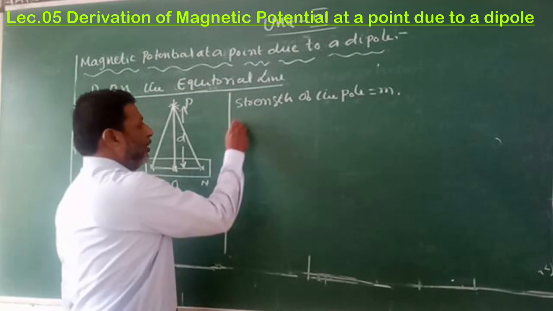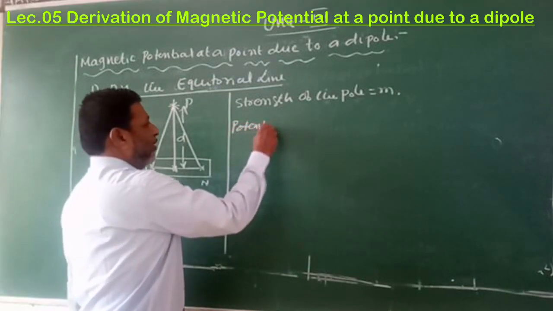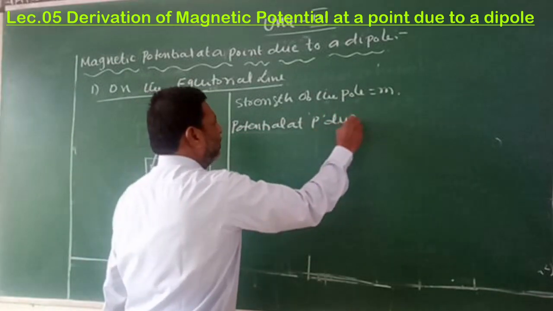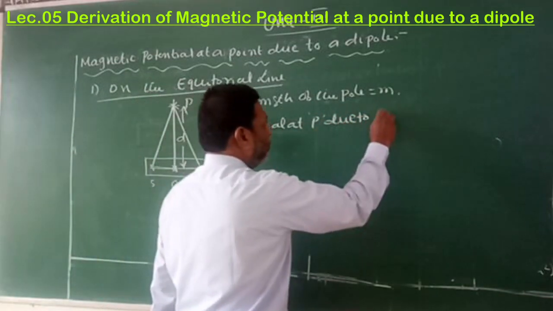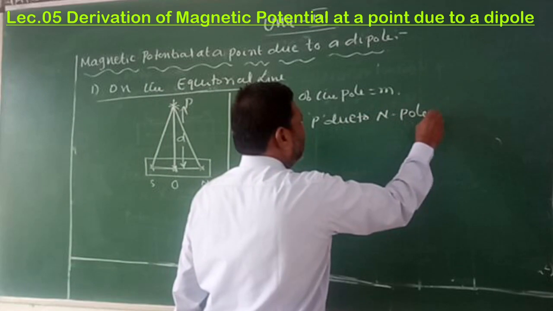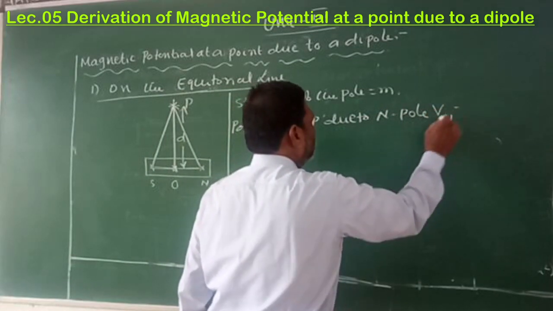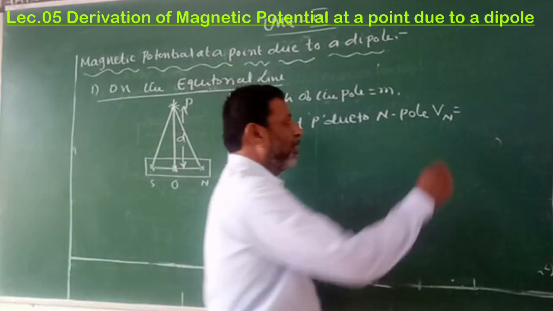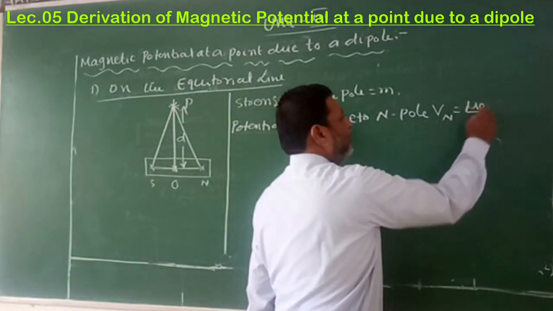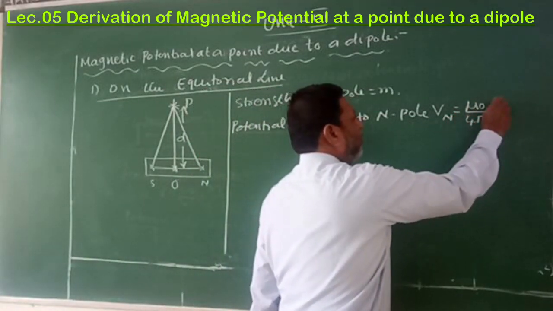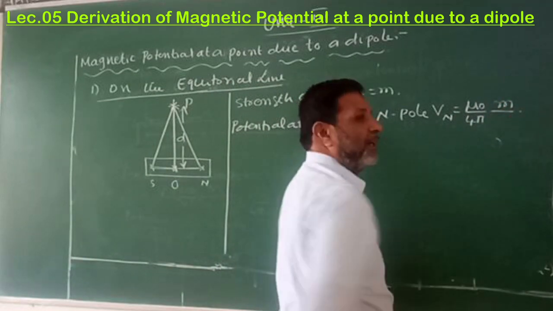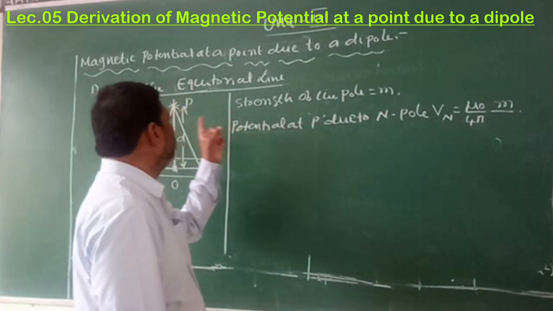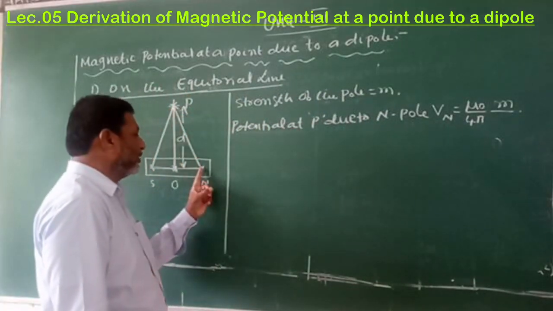Then the potential at P due to the north pole, Vn, is equal to, the general formula, mu naught divided by 4 pi, into m, divided by the distance of the point from the pole.